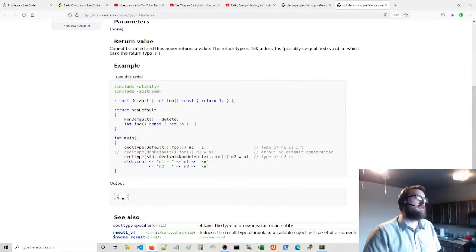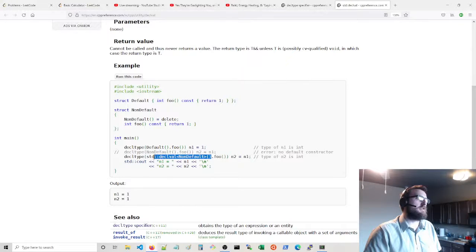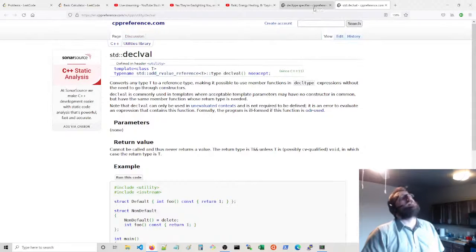Okay. So there could be std::declval of the non-default class with the function foo, and you get the declared type of that. So you can construct a default foo and get the declval, or you can use the declval of non-default, because it doesn't have a default constructor, and that basically stands in as a default constructor, more or less. Oh, that's confusing.